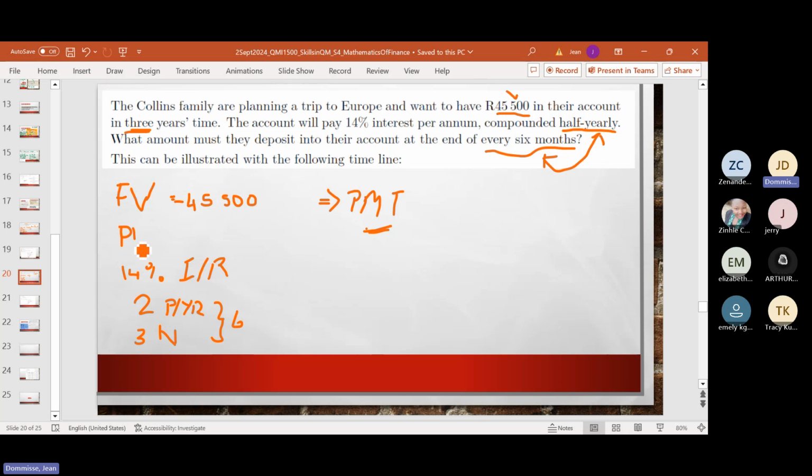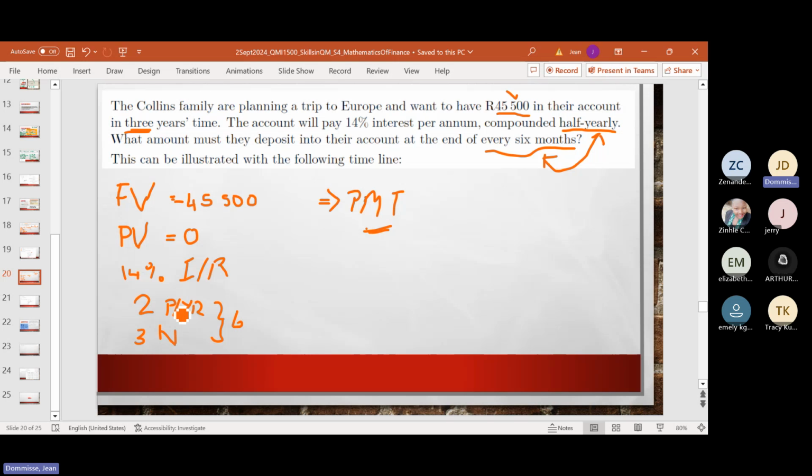In my calculator, when I do the financial maths on the financial calculator, what I will normally do is put in the zero as a present value, just to make sure the memory is clear and doesn't still use one of your previous sums. Then 14% interest per year, 2 times per year, so again 2 PY.